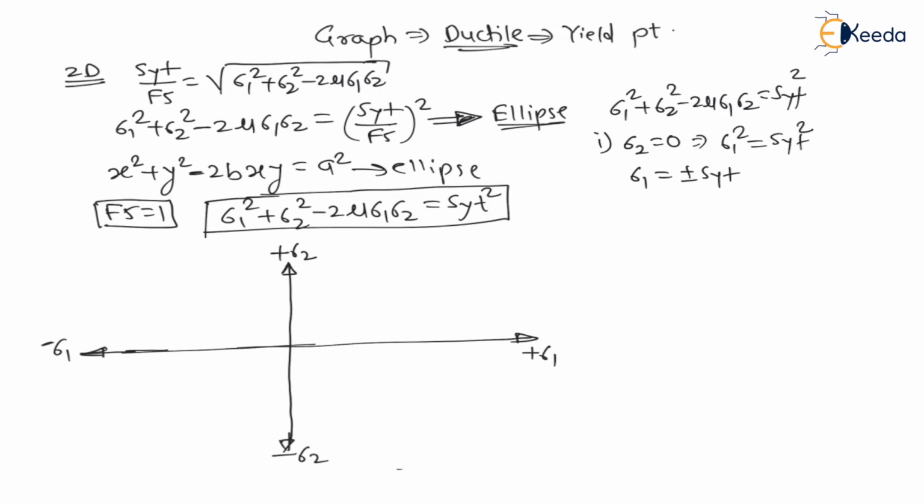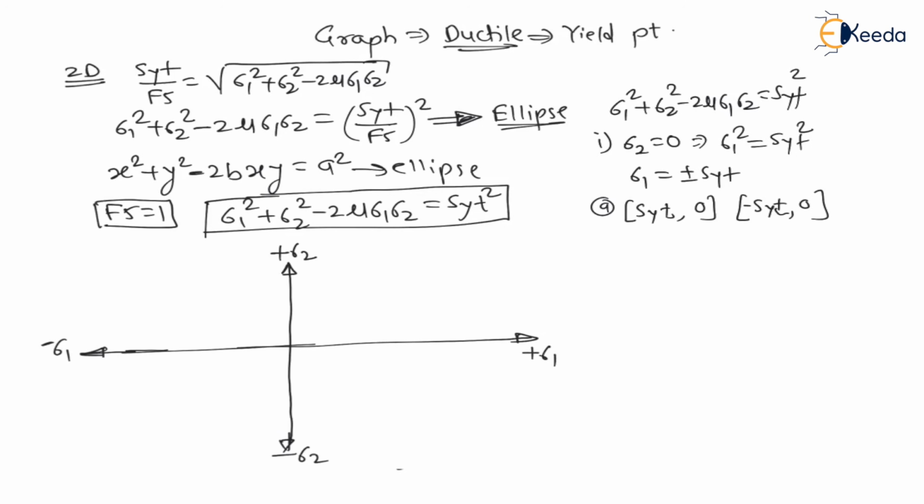First point A, if sigma 1 is SYT, then sigma 2 is 0. And if sigma 1 is minus SYT, then also sigma 2 is 0. Therefore, plot these points.